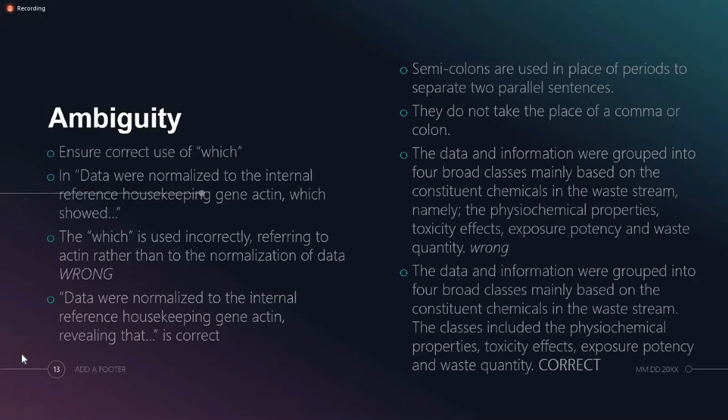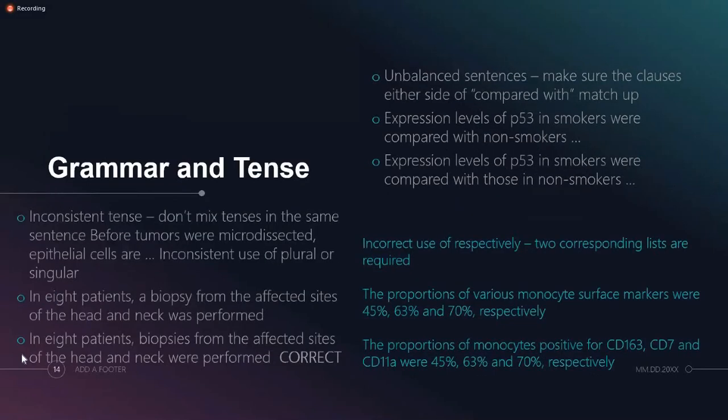"Which" and "that" are two words you need to look up, how to use them and what are the better ways to use them. There are some other examples, the wrong and right, you can use them. And at the end, there is a list of references which you can consult for further reading.